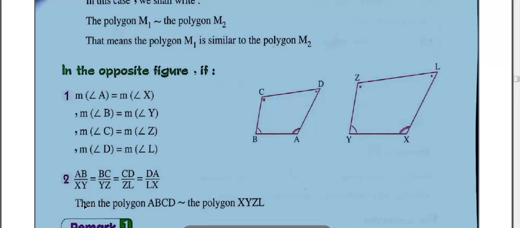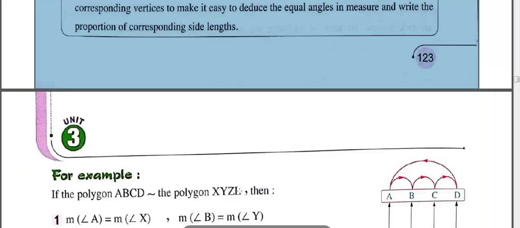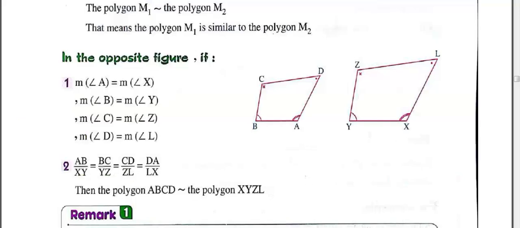So in this case we have the two conditions, number 1 and number 2. Then the polygon ABCD is similar to the polygon XYZL.